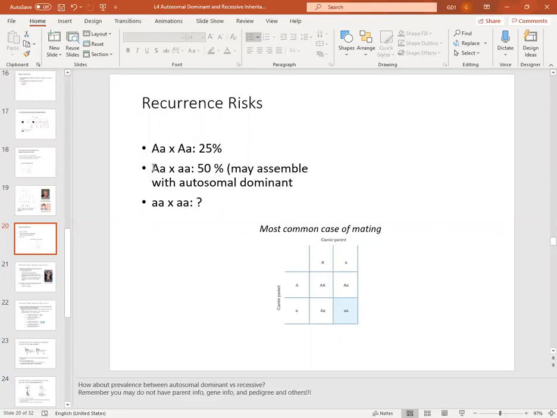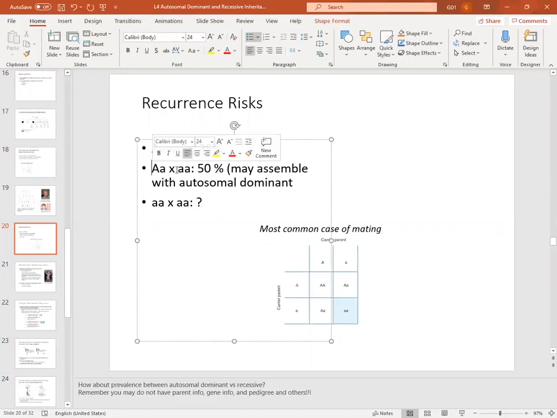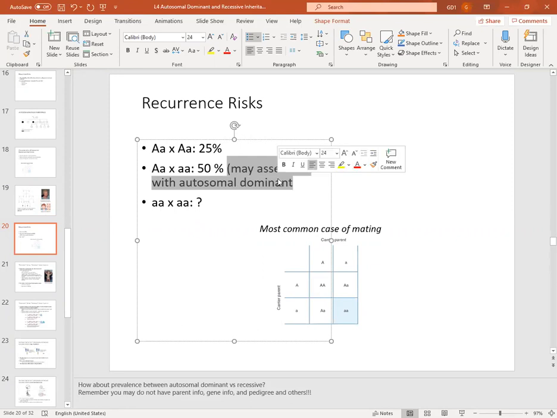And in this case, it is a carrier mating with an affected person. Here the recurrence risk is about 50%, and 50% may resemble autosomal dominant.